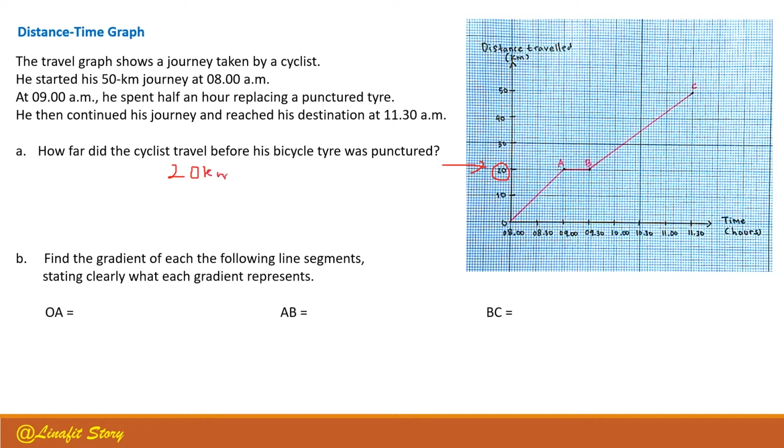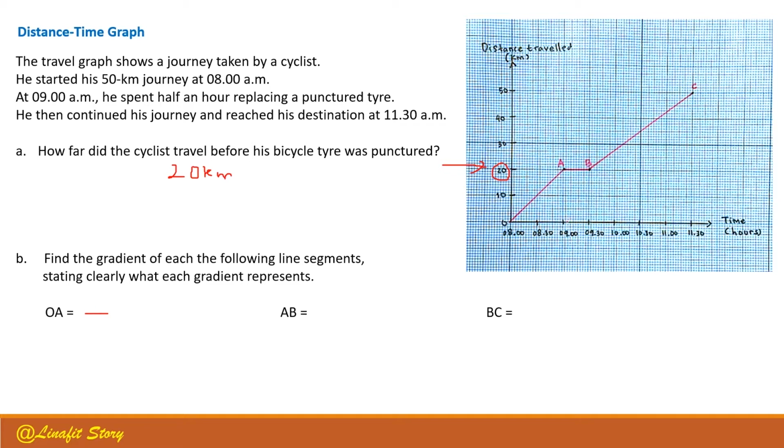Question B. Find the gradient of each of the following line segments, stating clearly what each gradient represents: OA, AB, and BC. The gradient of the line in a distance time graph is a measure of the speed of the object. In this context, the gradient has a unit of measure. To get the gradient is how far up, out of how far along.